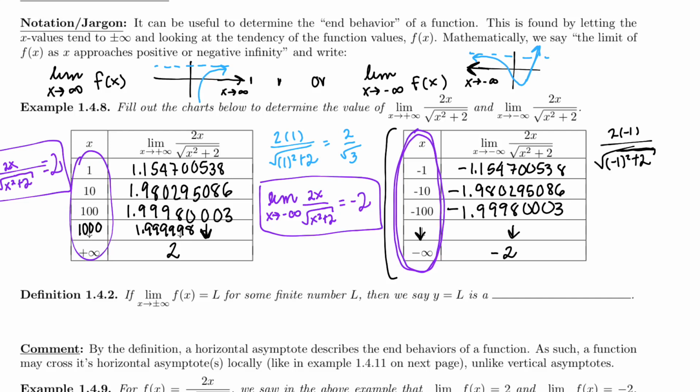All right. So then again, if you take a limit and x is approaching positive or negative infinity, and it turns out to be a number, not infinity or negative infinity or DNE, right? If it turns out to be a number, then you have a situation where x is going to infinity and then the function levels off.